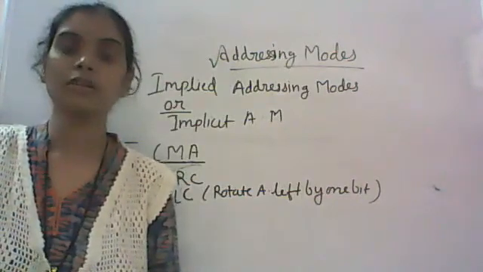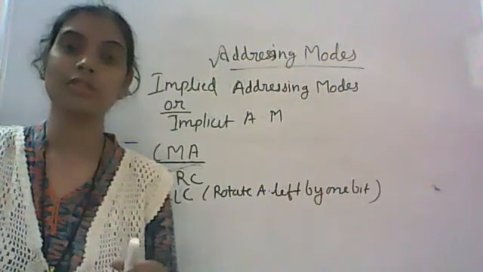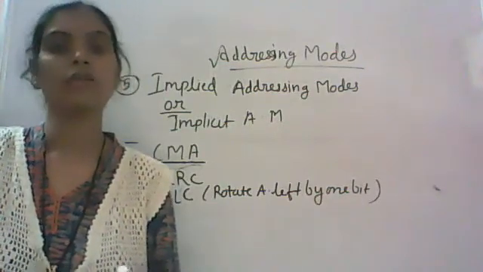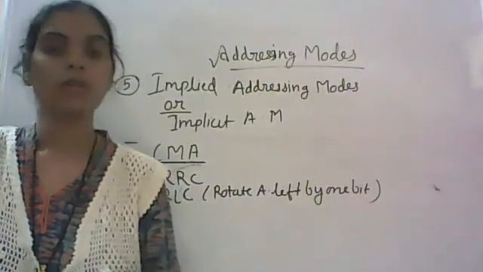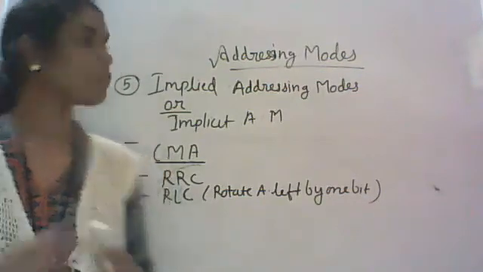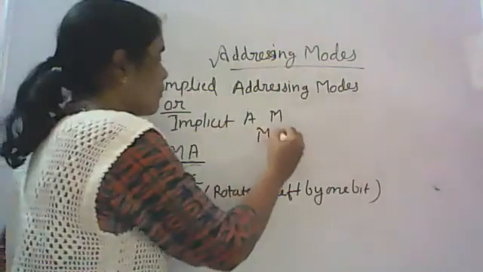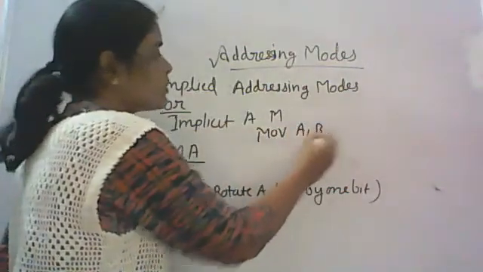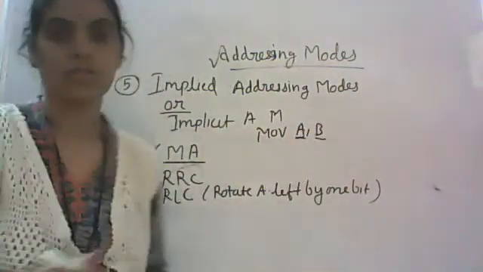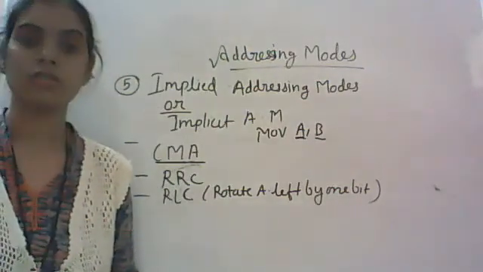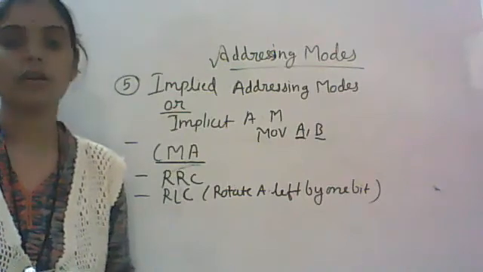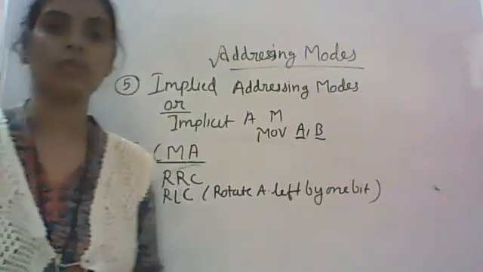You see the example MOV A, B. So B is the source, A is the destination. Register addressing mode uses only registers, general purpose registers and accumulator.